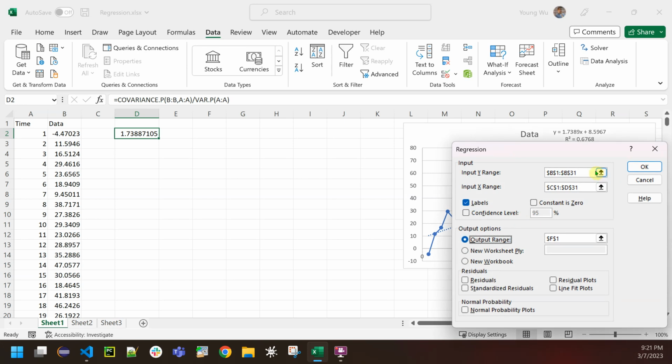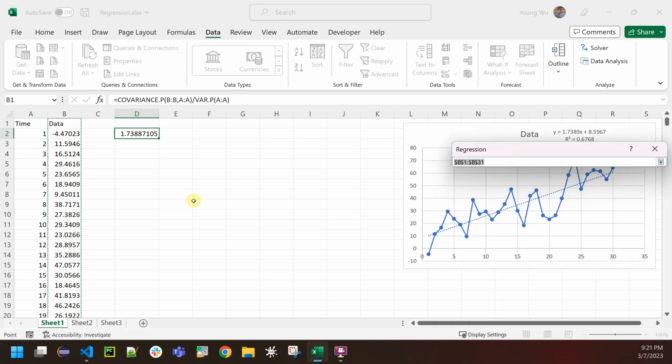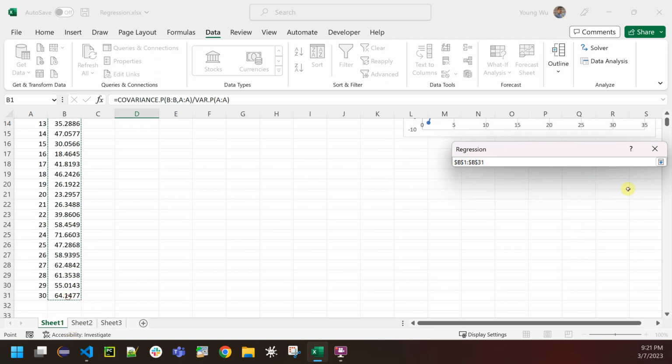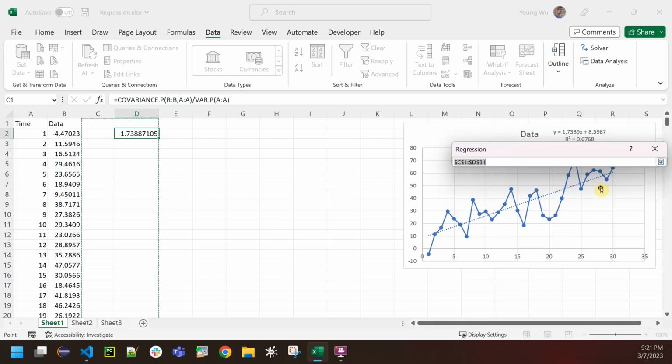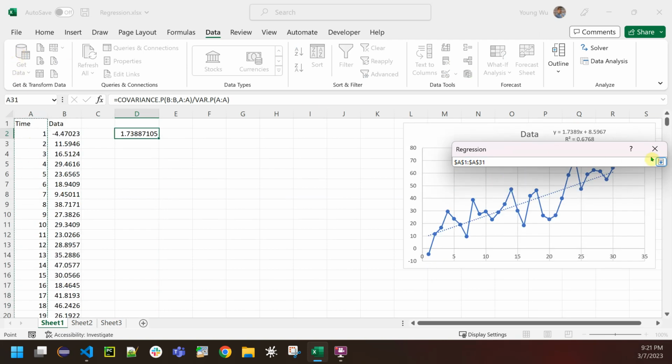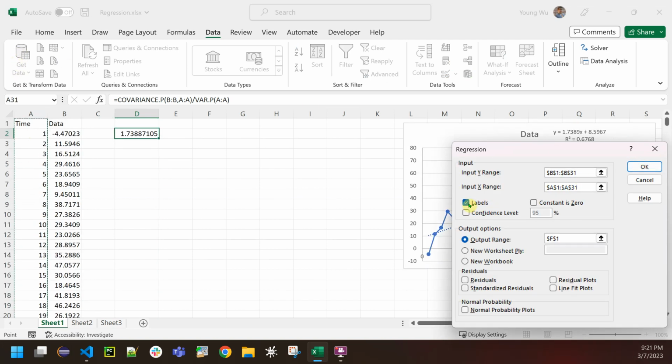So OK, and select Y. Y is your data column, and X is your time column. And if you have a column title, then check labels. If not, just uncheck this. Don't check the constant is 0 thing.